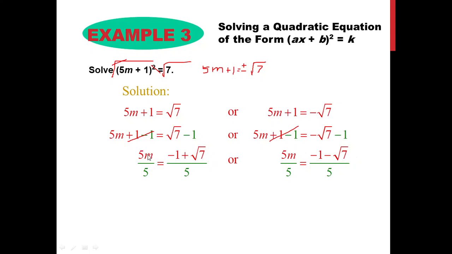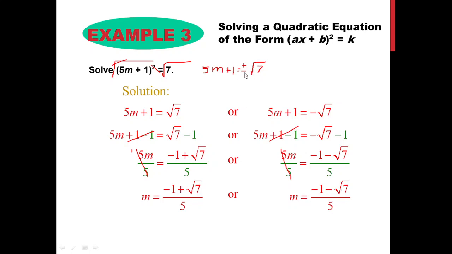And since we're looking for the value of m, we need to eliminate the numerical coefficient. 5 divided by 5 is 1, leaving us with m. Same goes here. Then you have the two values of your variable m as -1 plus the square root of 7 over 5, and the other one is -1 minus the square root of 7 over 5.